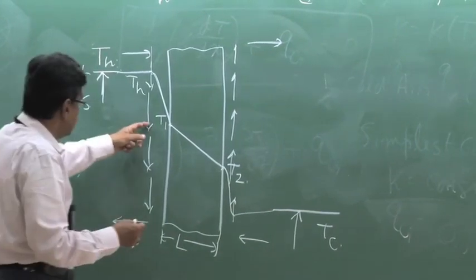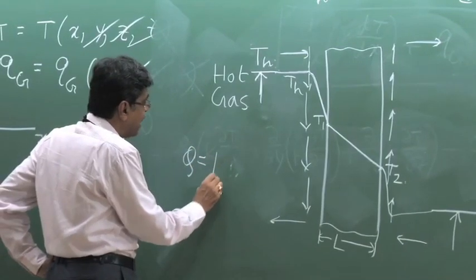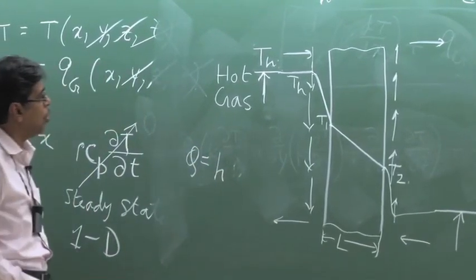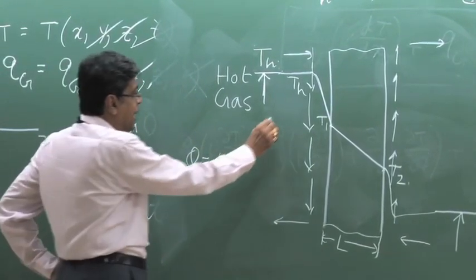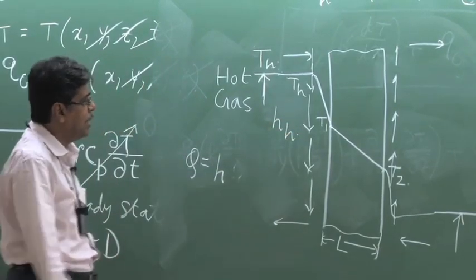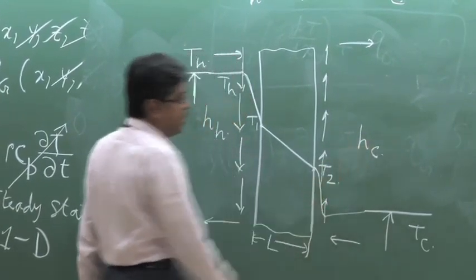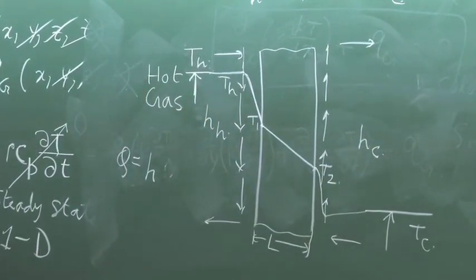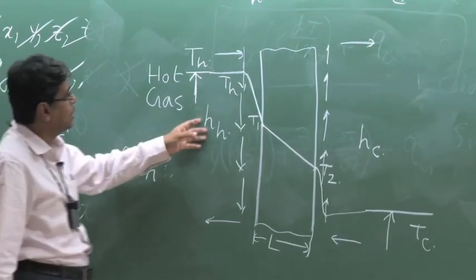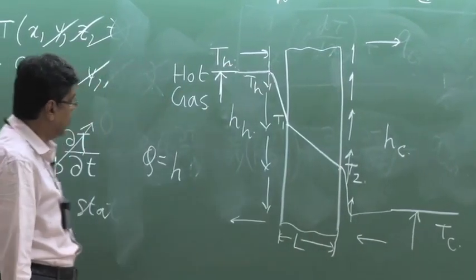Q is given by the heat transfer coefficient. The problem is also prescribed by a heat transfer coefficient on the hot side, HH, and the heat transfer coefficient at the cold side, HC. And we consider this heat transfer coefficient constant over the area on both sides.